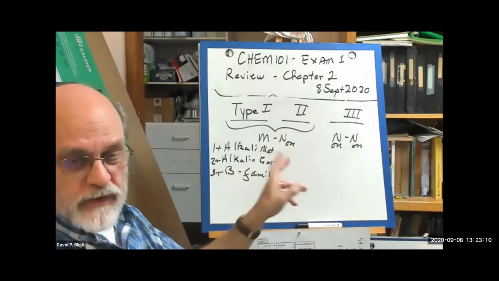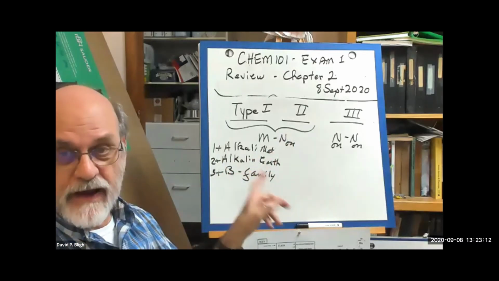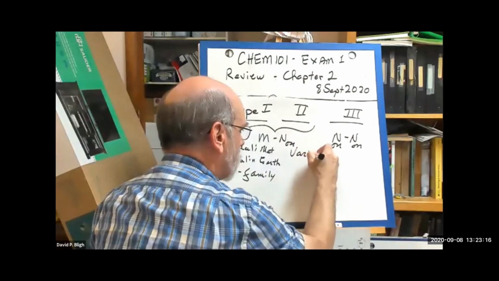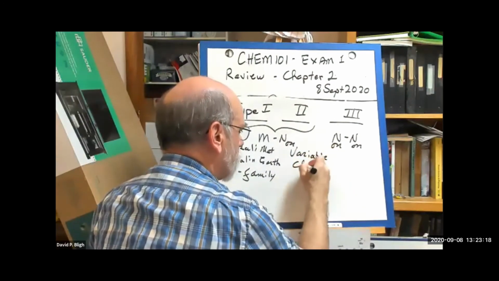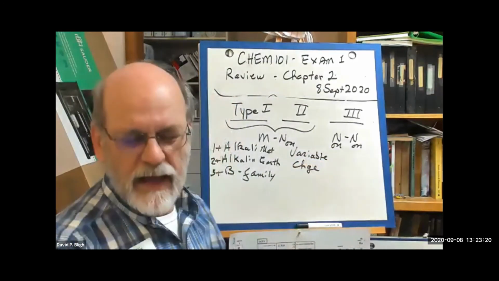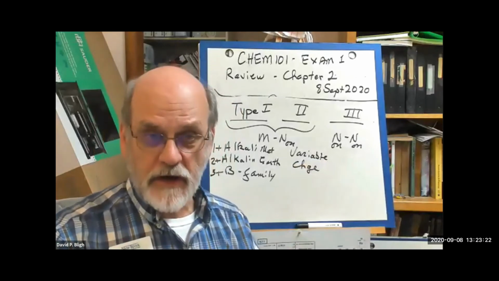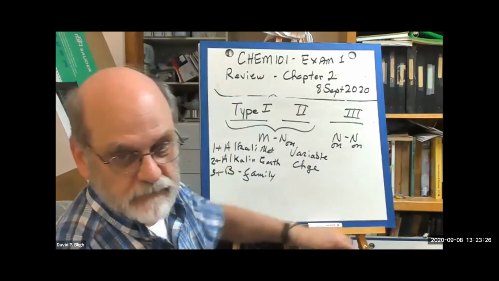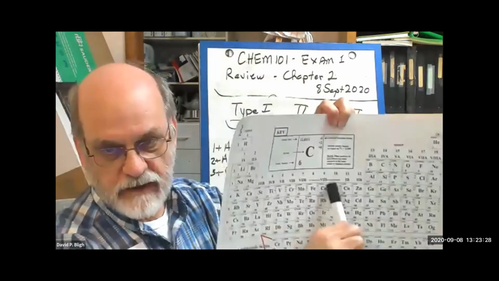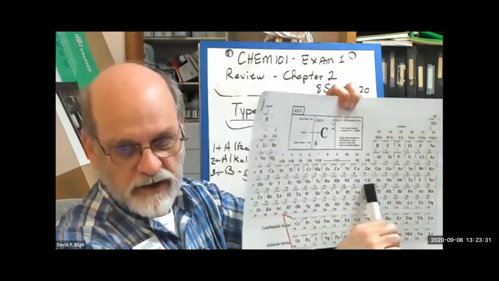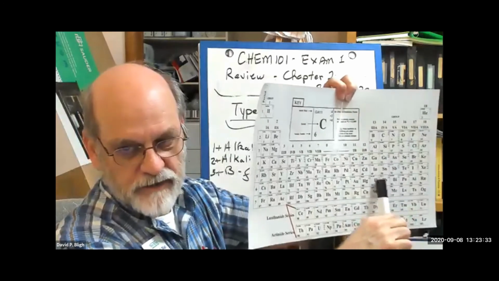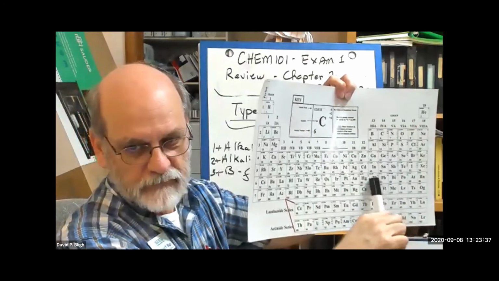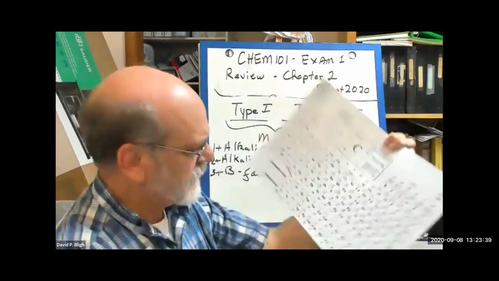If they're type 2, that means the metal has a variable charge. Right? And the vast majority of those come from the transition metals, right? The ones in between, right in here. But you do have some of these with variable charge, right down in here.